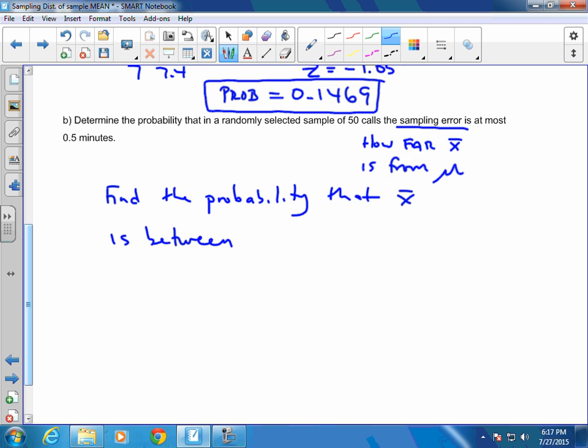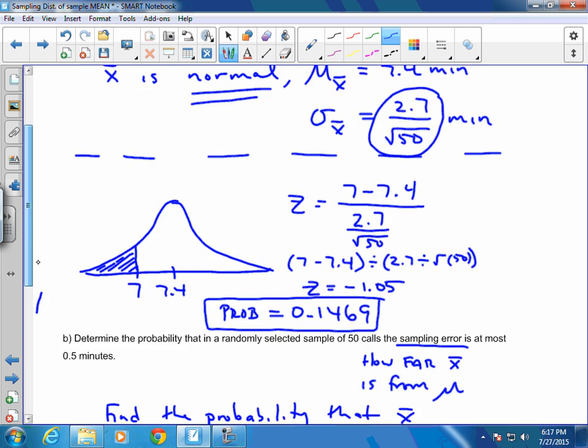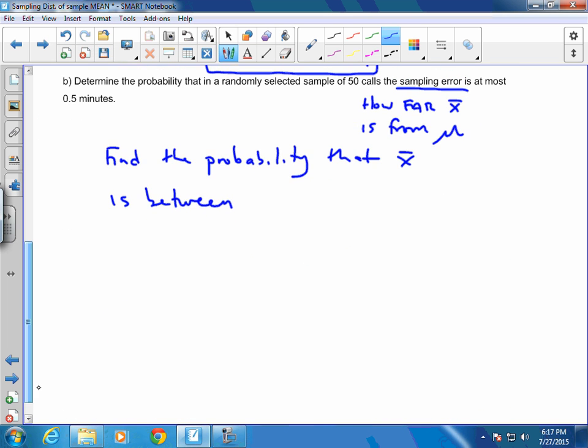So here our population mean was 7.4 minutes, given in the original problem. So if we did 7.4 minus 0.5, that would be 6.9. So we're looking for the probability that X bar is between 6.9 and 7.9 minutes.